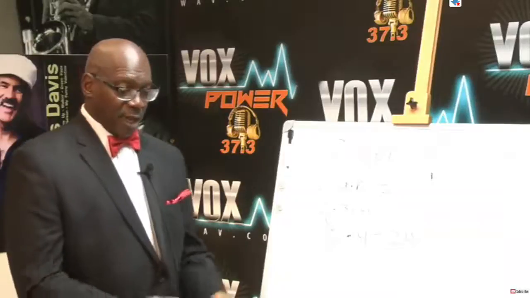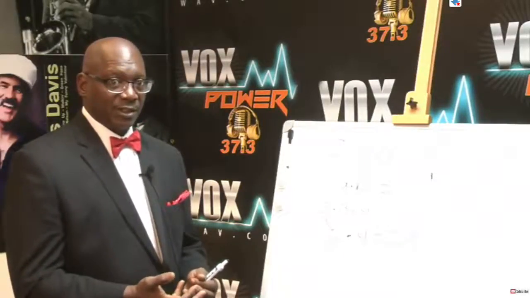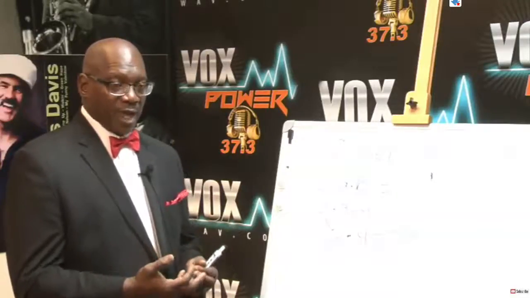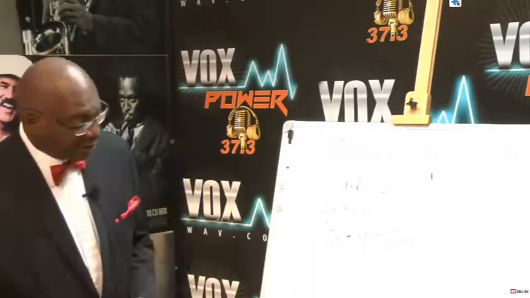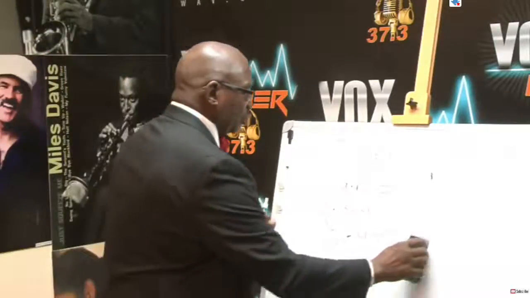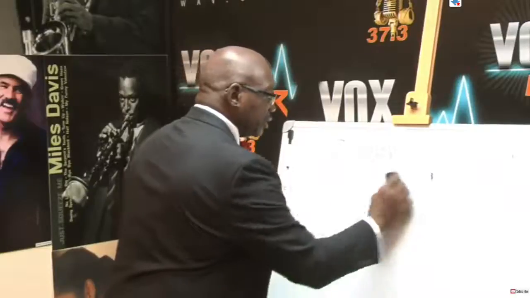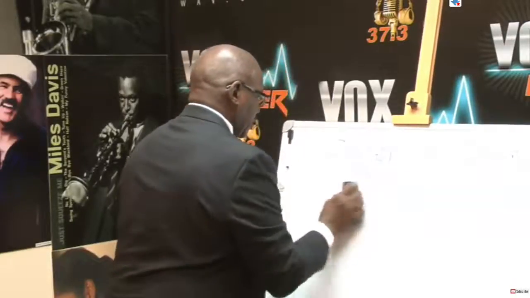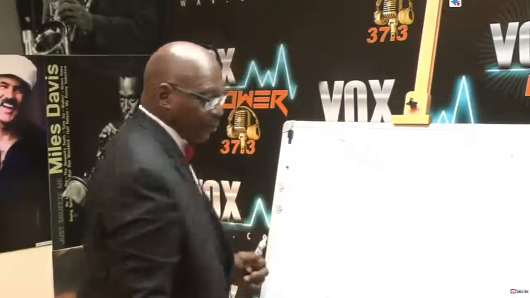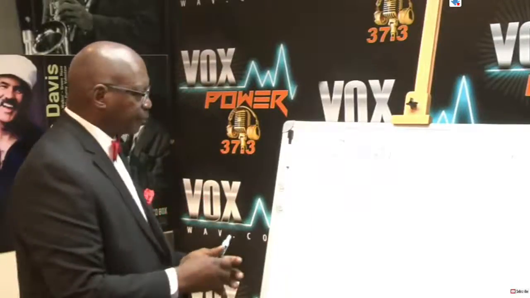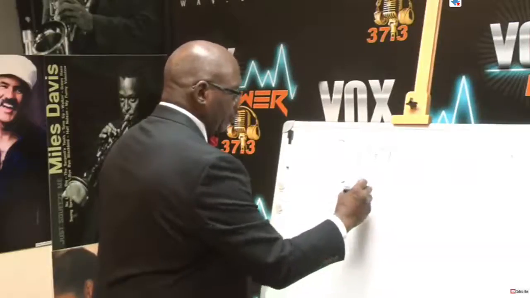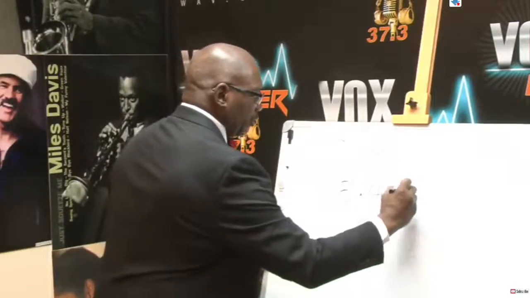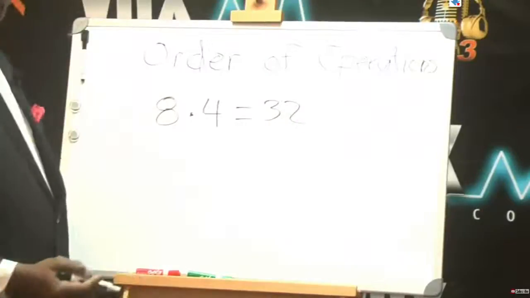I say that it's simple, but it's not going to be simple if we don't know our basic facts. Our basic facts for addition and subtraction, our basic facts for multiplication and division. Now, I always say that those basic facts are relatives of one another. And what I mean by that is, let's take 8 times 4. That equals 32, doesn't it? Okay?